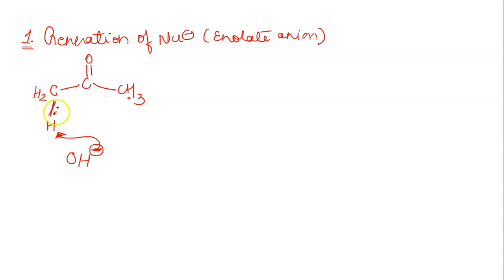So both the electrons remain here, and once H plus is removed, this electron pair will sit as a lone pair on carbon. So this is what is happening. After the attack of the base, one hydrogen will be removed from CH3. So CH3 gets converted into CH2, plus this bond is converted into a lone pair and it sits on the carbon. And you have the remaining thing.